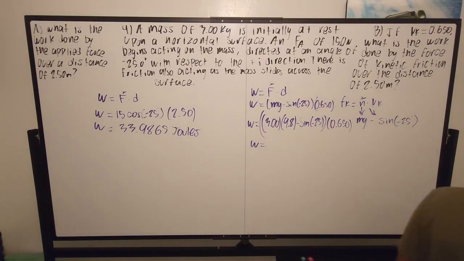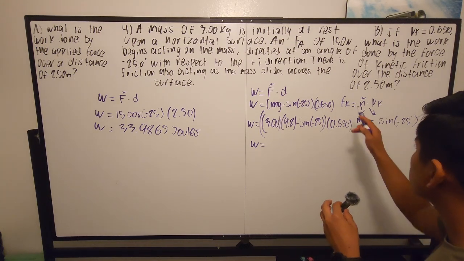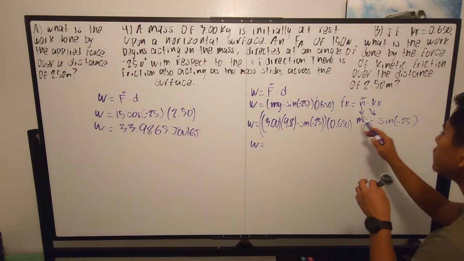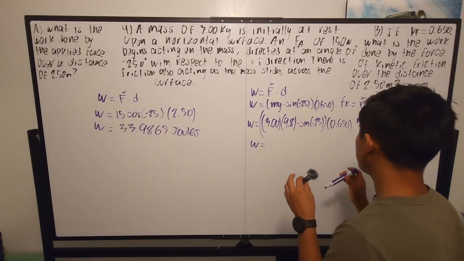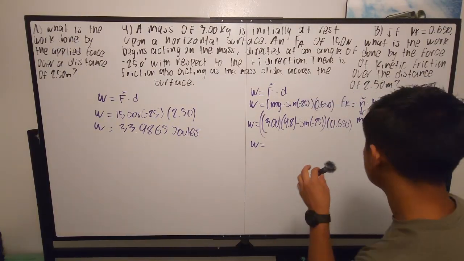you will get the work done by kinetic friction. Oh, I forgot to mention: going back to the force of kinetic friction, it's going to be negative, because the force of kinetic friction is fighting against the motion, so it's in the negative direction.